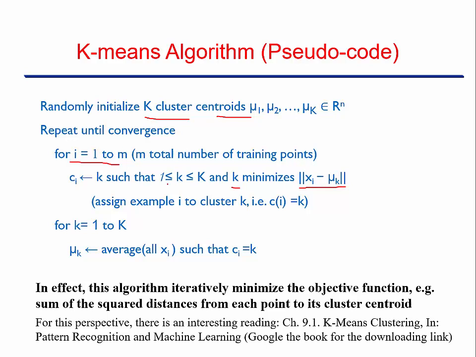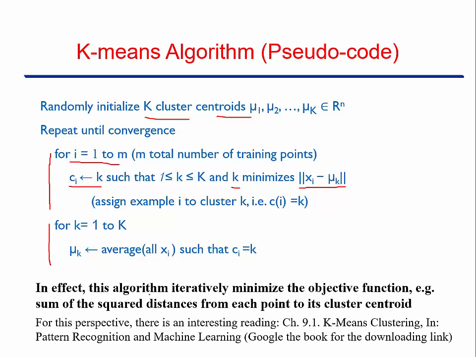Then we will assign this point to the corresponding cluster. After all the data points have been assigned to the clusters, we will recalculate the cluster centroids according to the new clustering results.